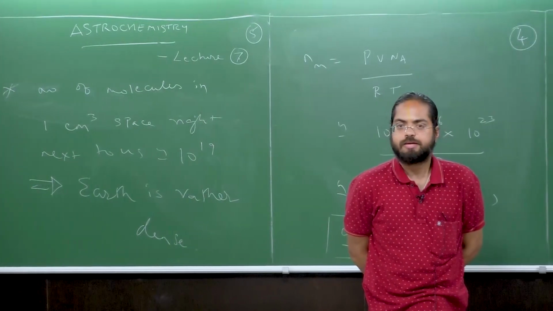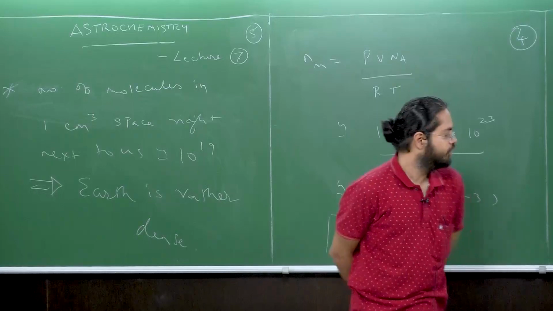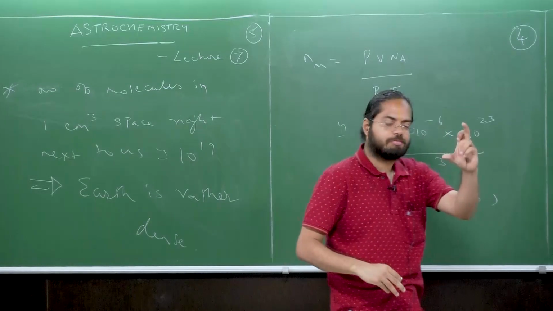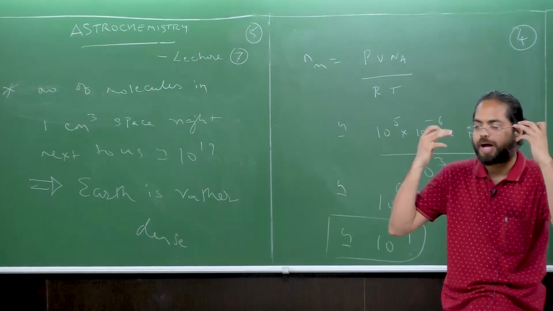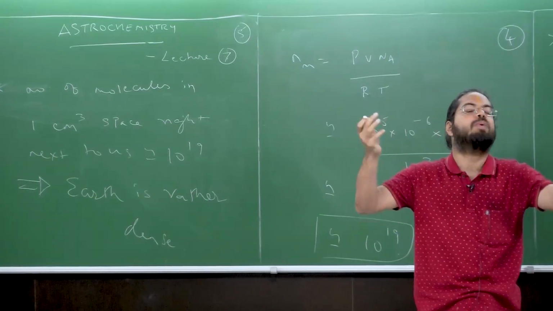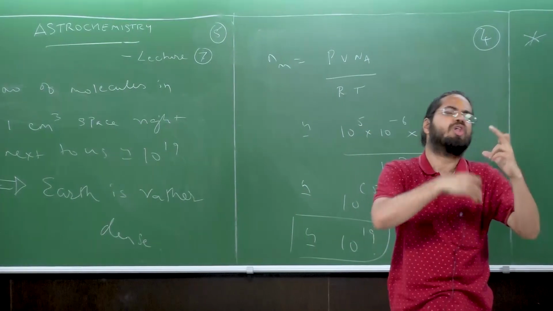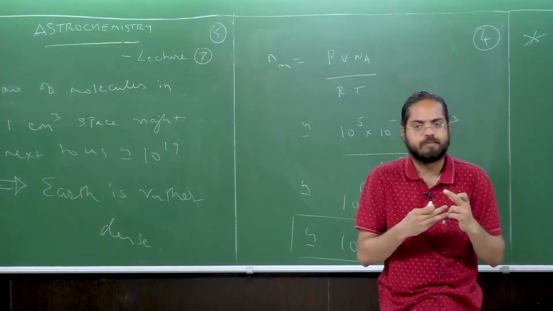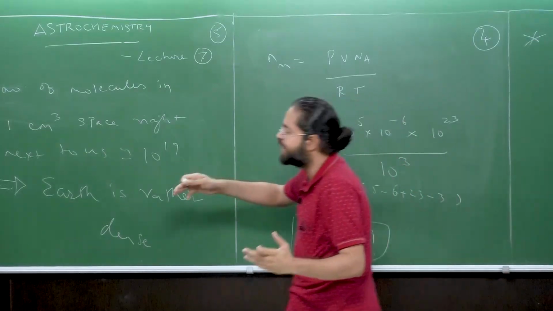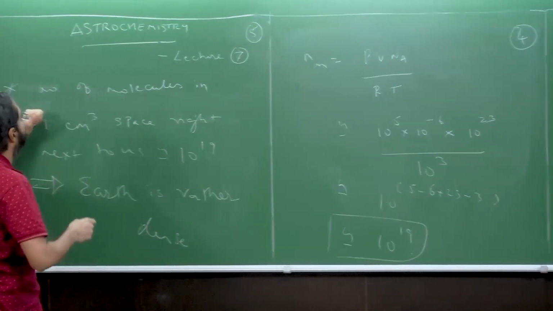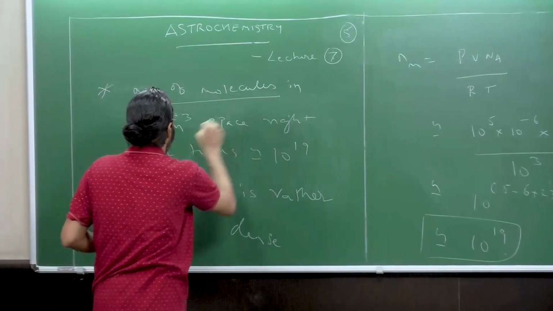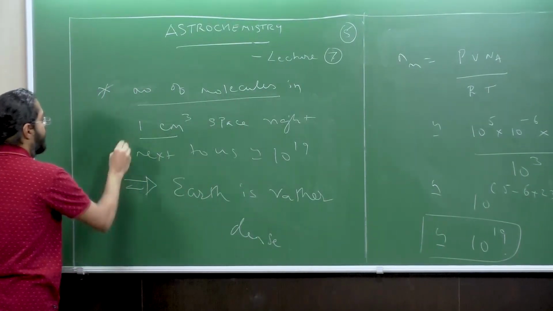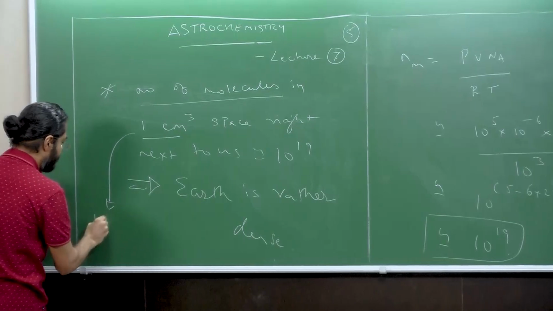Okay, are we good? So in just this much of space, I want you to have an intuitive feel. We are talking about a lot of molecules, and this specific thing, the number of molecules in 1 centimeter cube of space, is actually called the number density.